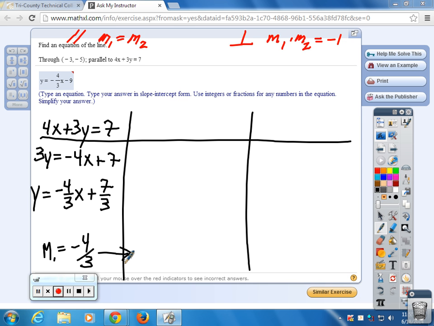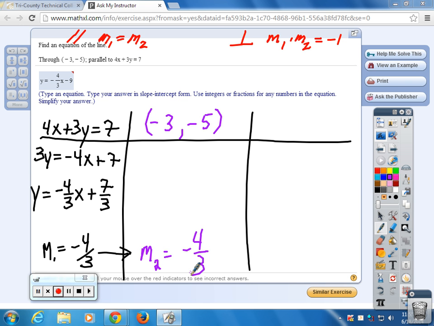All right, so I'm going to take my green marker. Let me use a different color, because somebody in a minute's going to complain about the green. I figured somebody was going to complain. I didn't complain, I was just thinking. I know. -3, -5, and m sub 2 is equal to what?